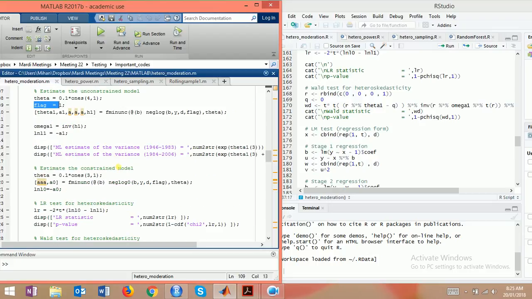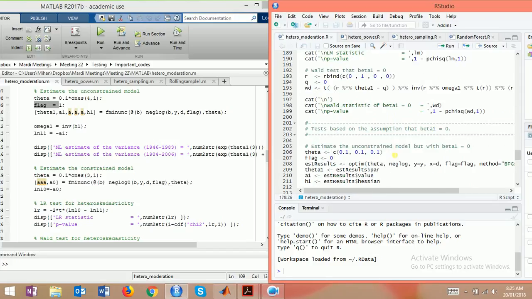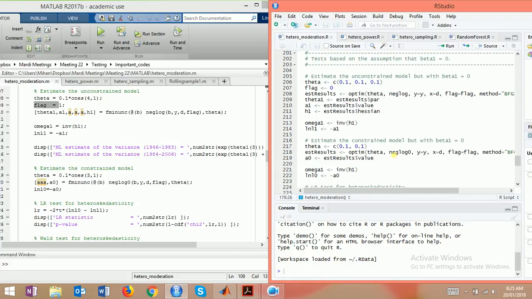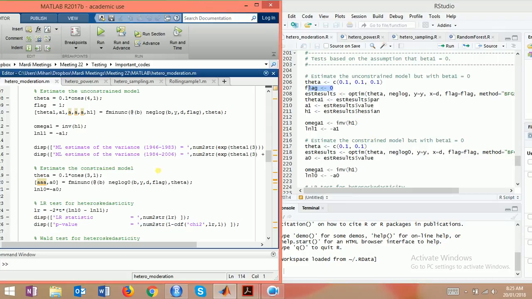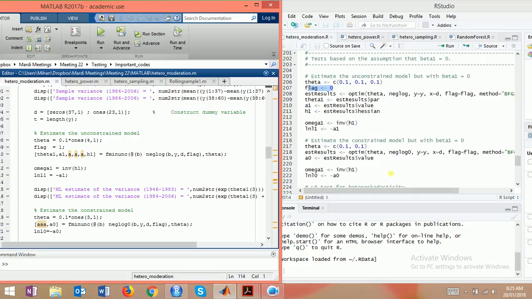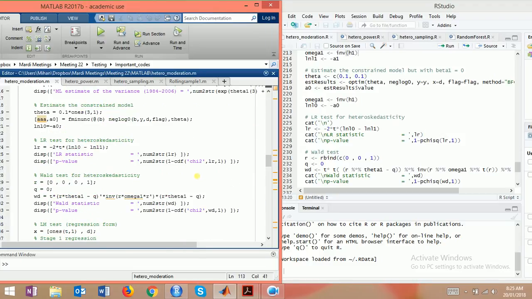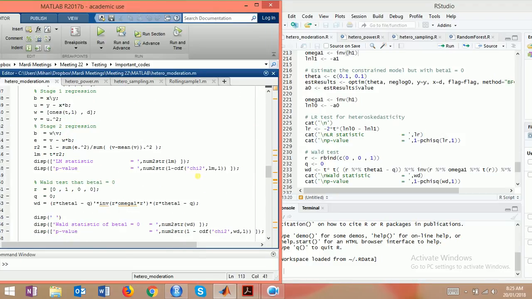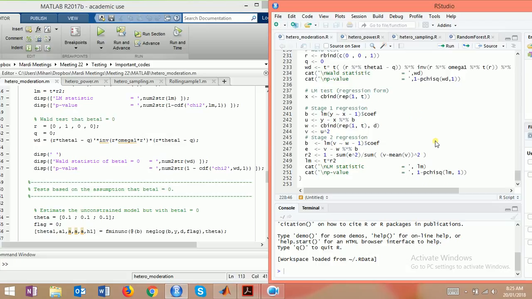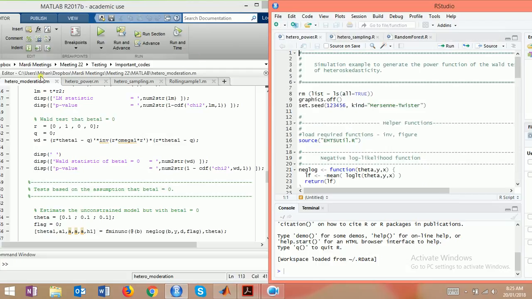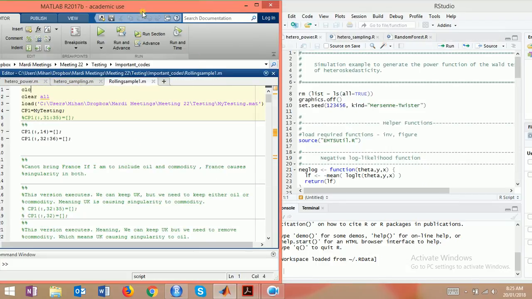Flag equals 1. Flag, I'm not giving flag. That's all. Two different estimations are coming for post and pre. That is the tweak. Everything else remains the same. Tiring.